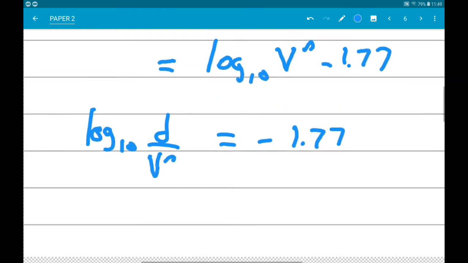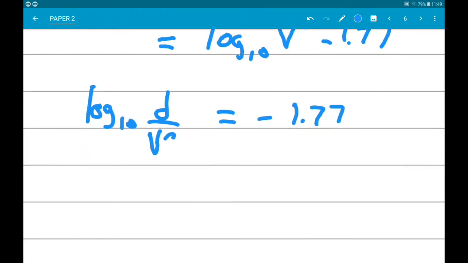So, d over v to the n is 10 to the minus 1.77, which is roughly 0.017.